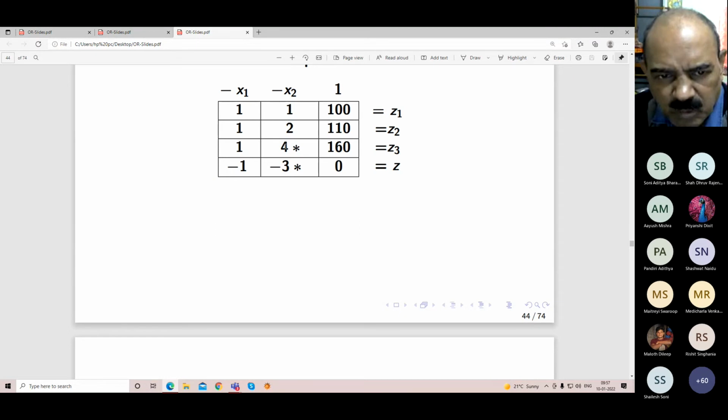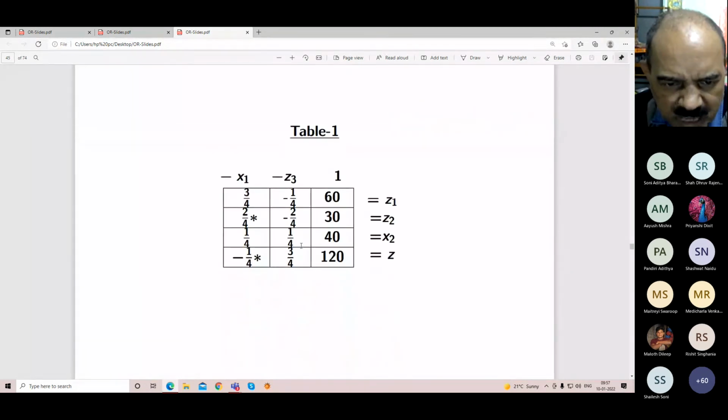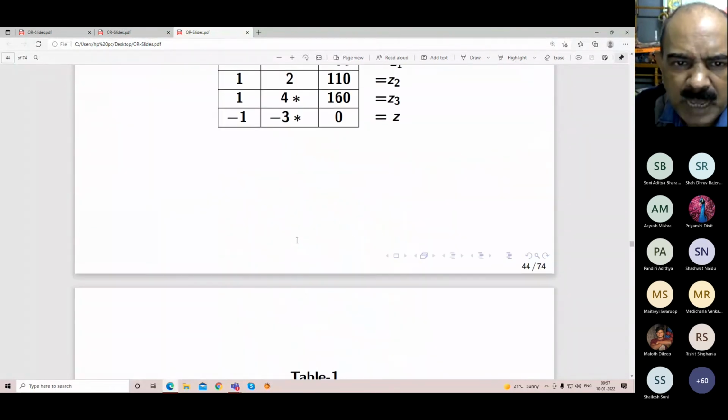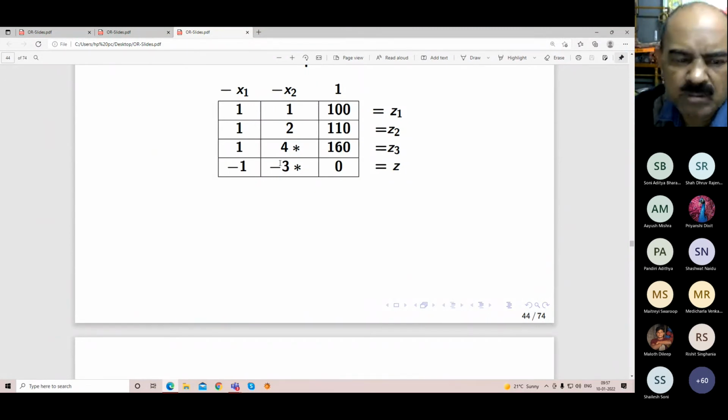So in the new table, this 4 is becoming its reciprocal, that is 1 by 4. You can see here, in place of 4, it is becoming 1 by 4. And what happened to the same row elements? This 4 is becoming 1 by 4 and the other elements you divide by 4.